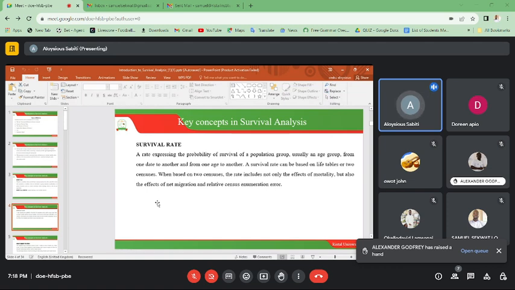We shall be looking at the probability that an individual survives, and most times these are organized in cohorts. For example, if it is using a life table, the cohort might be 1 to 4, meaning the survival rate will be calculated using the number of people that were born.